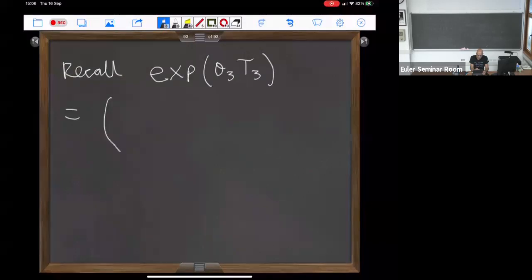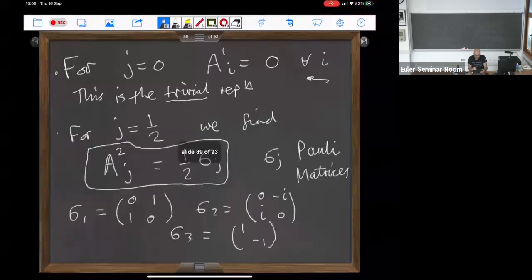Okay, now I just want to elaborate that a little bit. So if you recall that exponential of theta 3 T3 is this matrix: cosine theta, minus sine or plus sine.